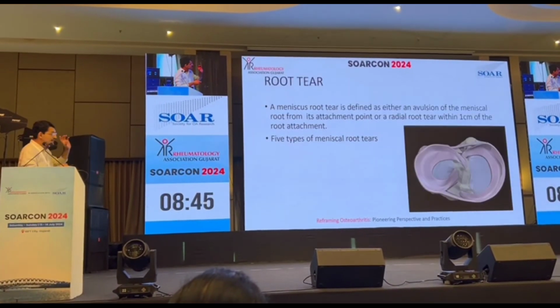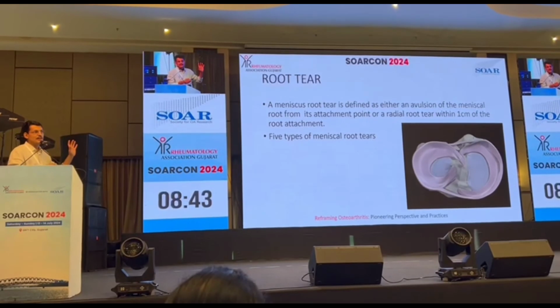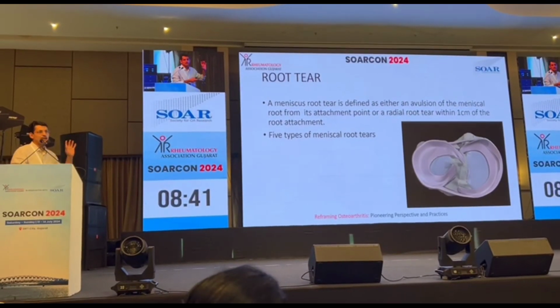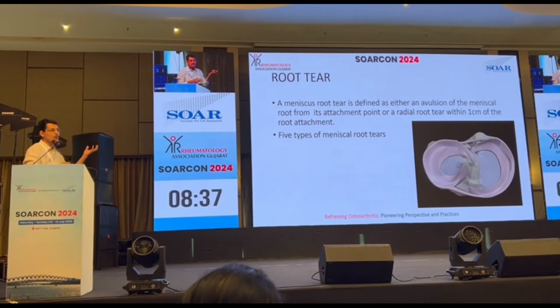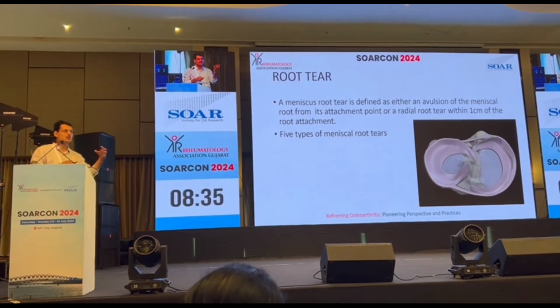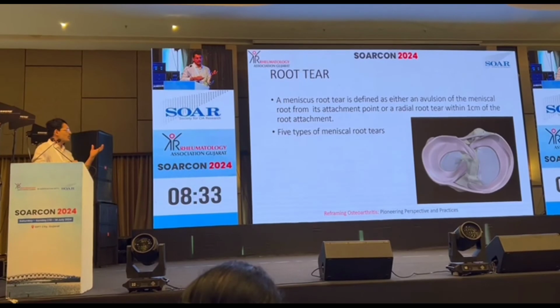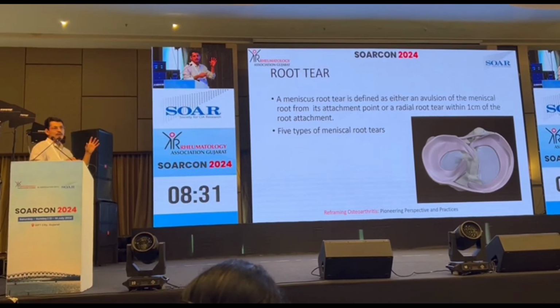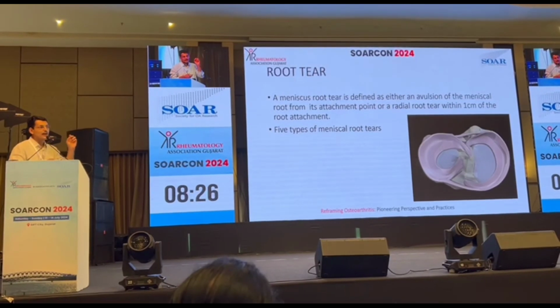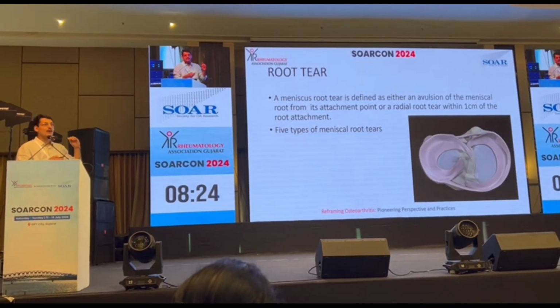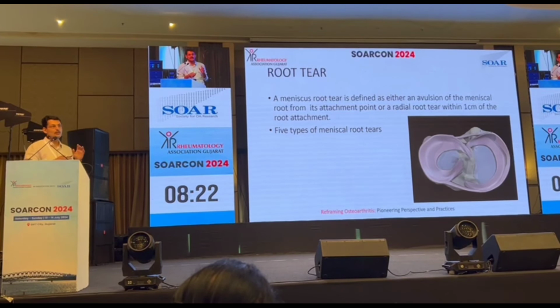Now, there is one recent concept which has built up, and that is called a meniscus root tear. Now, the meniscus is attached to the tibia with a root, just like a plant is attached to soil with a root. So this is one of the main important pathogenic factors which has been determined to be the causative agent of early fast progress of osteoarthritis.